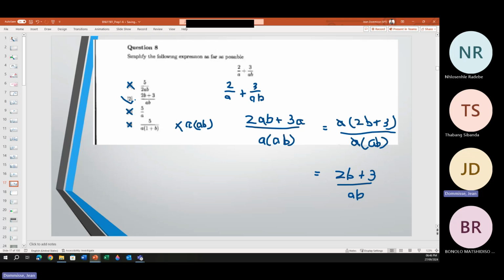But yeah, okay, so let's say it's a bit simplified, but you still sit with a complex fraction that you need to deal with.